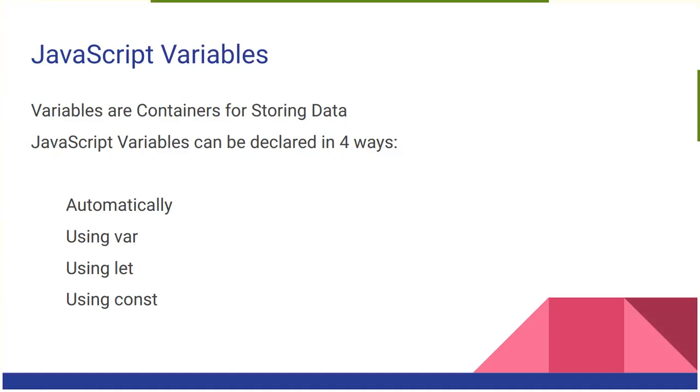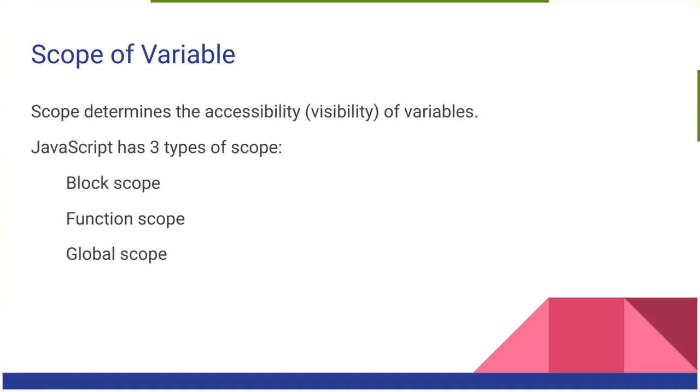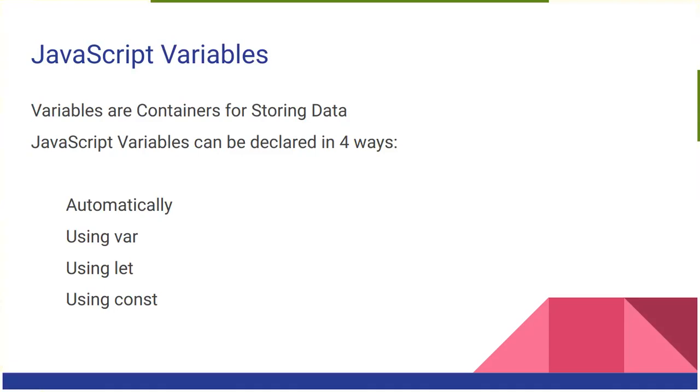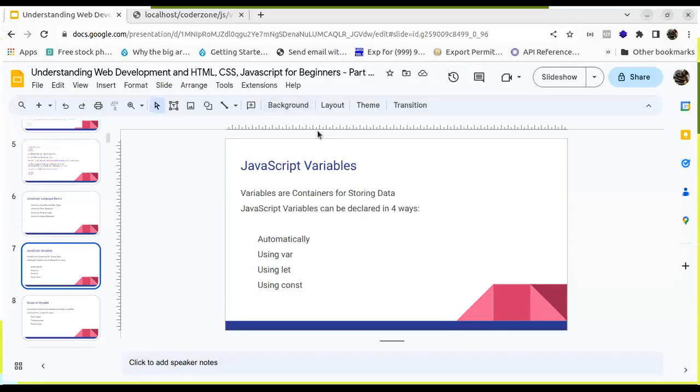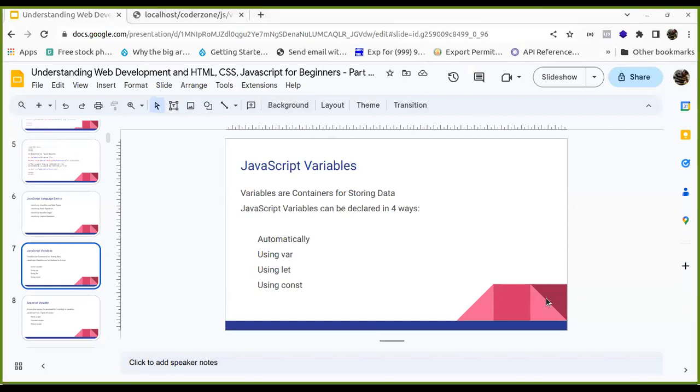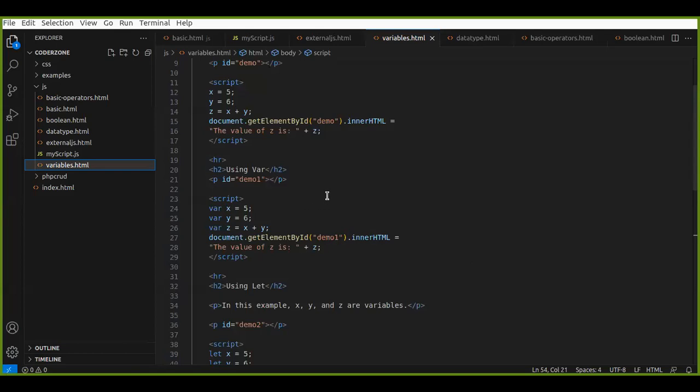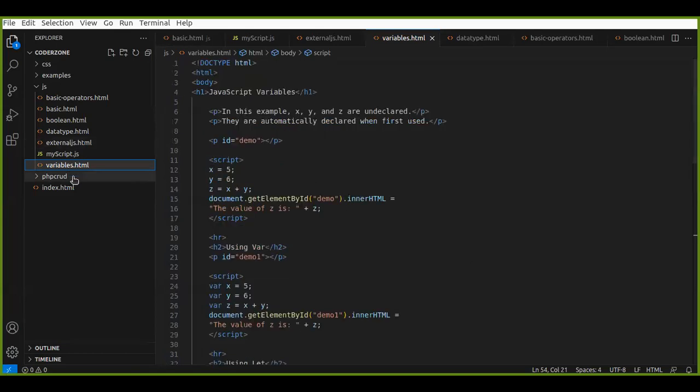Okay, so let's take them one by one. I have created an HTML snippet that I will show you, and based on that we will take it forward. Here I have created variables.html, and I have added some snippets.